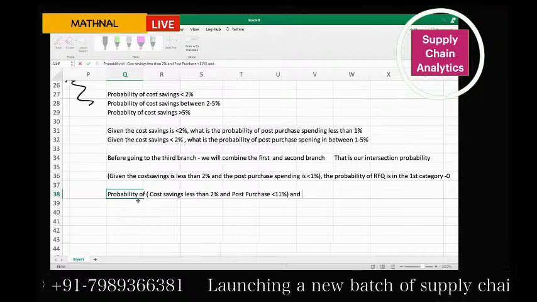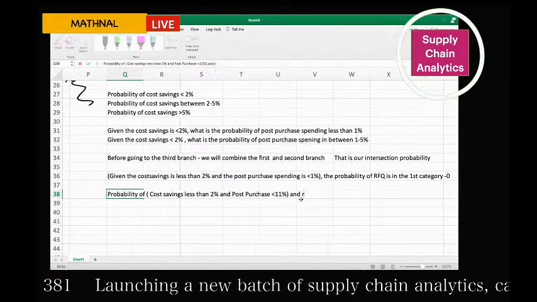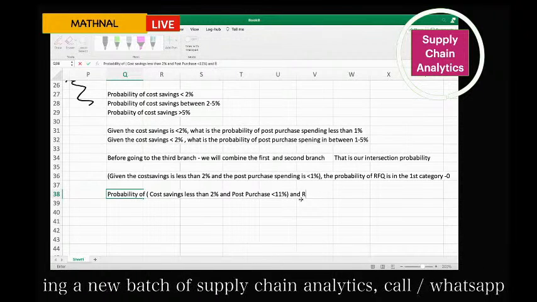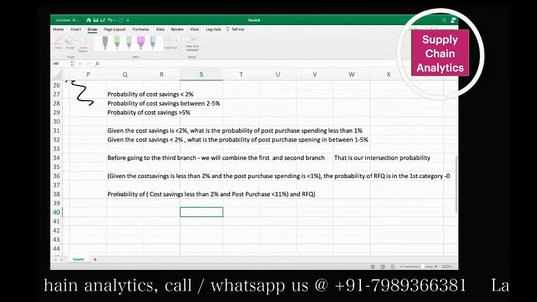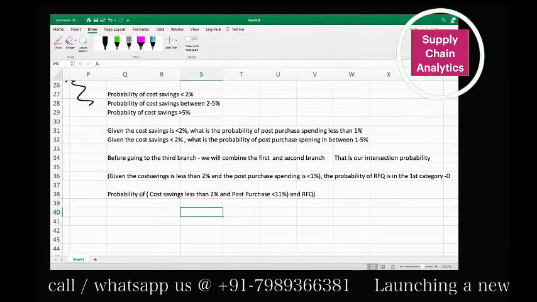The reason is they have made a combine, and we have to find the RFQ also. RFQ combine. So this will become our third branch. All the three branches we are going to combine finally.